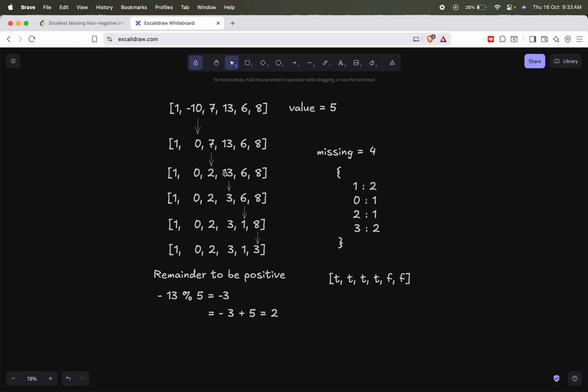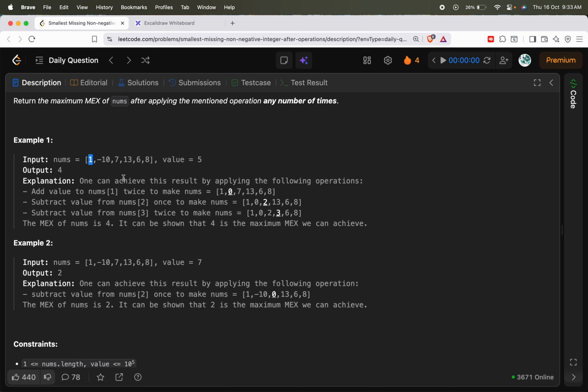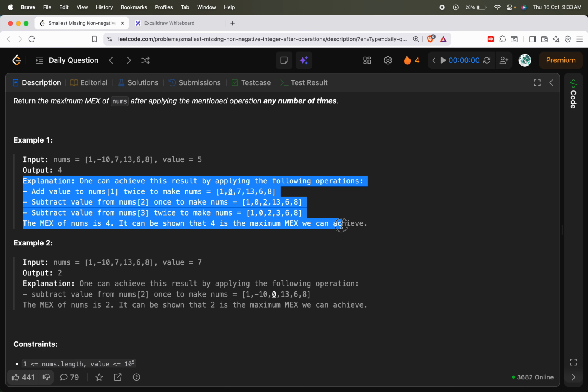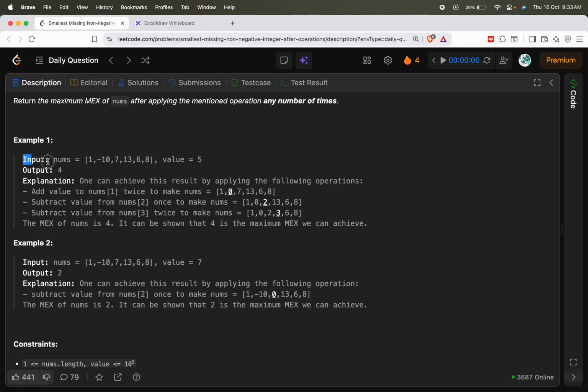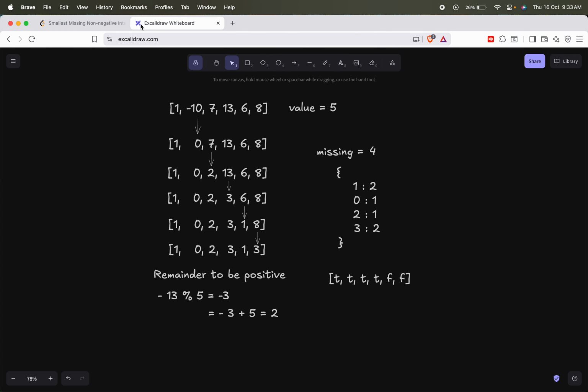These are all the same approach they have used for the explanation. Sometimes giving attention to their explanation will give us hints. So 7 was moved to 2, 13 was moved to 3. Can you derive any pattern from this conversion?